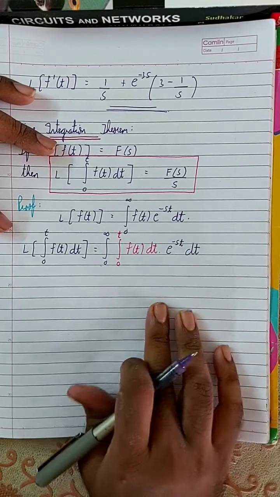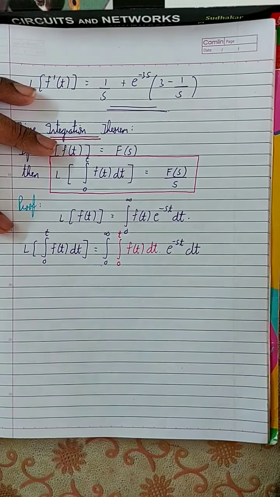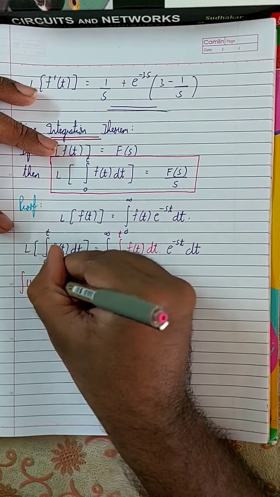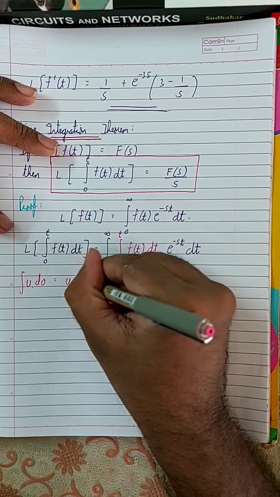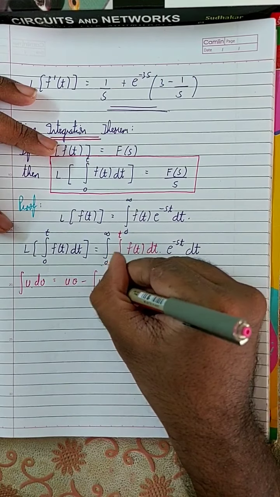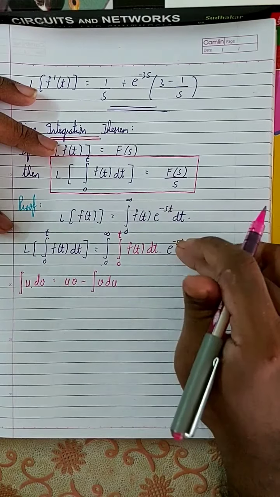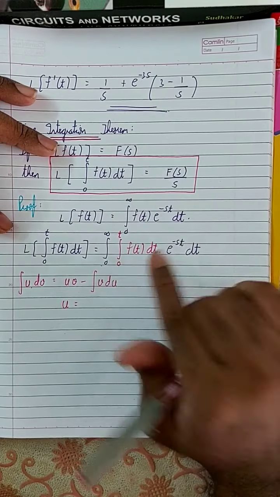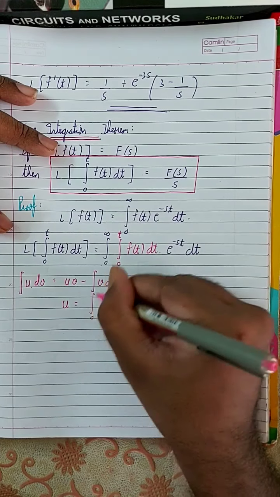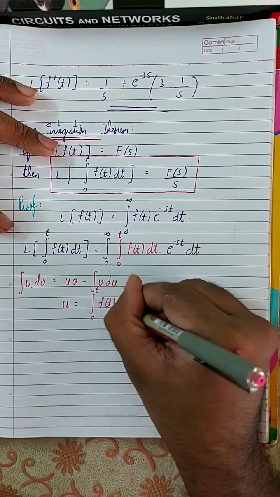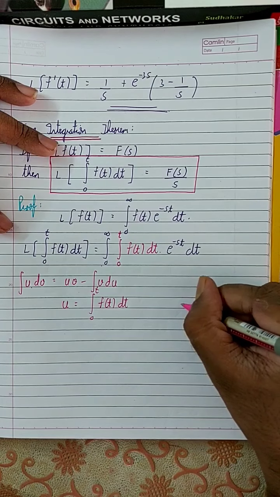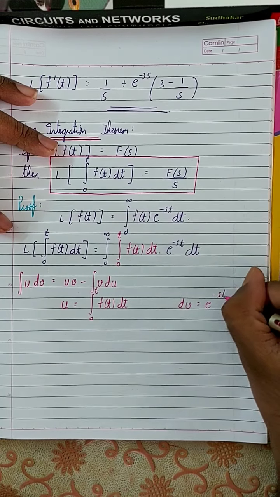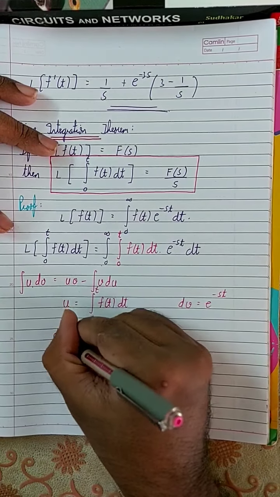Again I'm going to use the same equation that you have used before, that is integrating u dv. What is the formula? That is uv minus the integral of v du. Here I'm going to use u as this function, the integral 0 to t of f of t dt, and for dv I'm going to use e raised to minus st. So in that case, what is du? du is nothing but the differentiation of this.